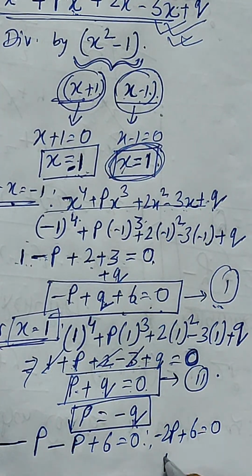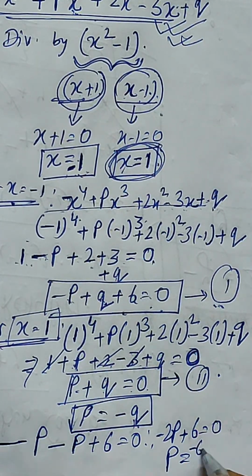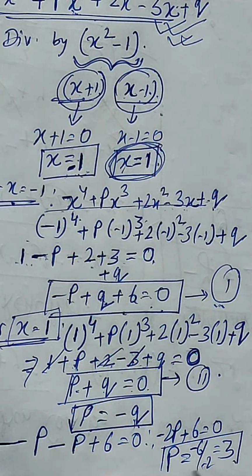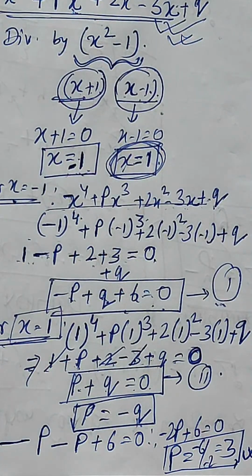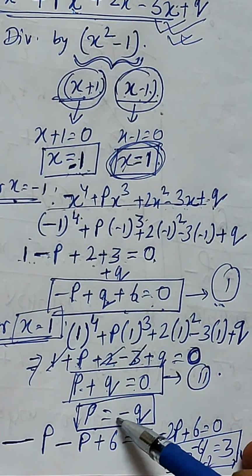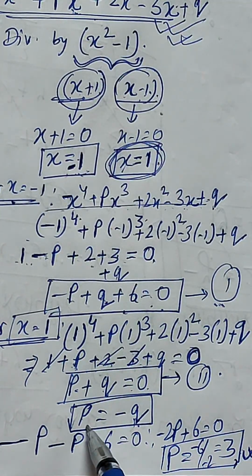This will give you the value of p as minus 6 by minus 2, which comes as 3. So the value of p is calculated as 3, right? Then what will be the value of q? The value of q will be the negative of p, right?